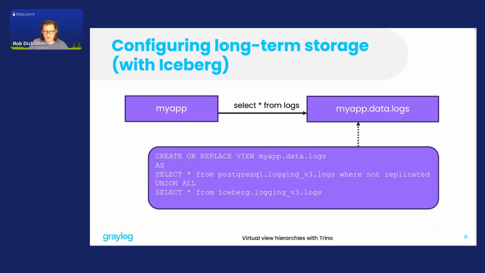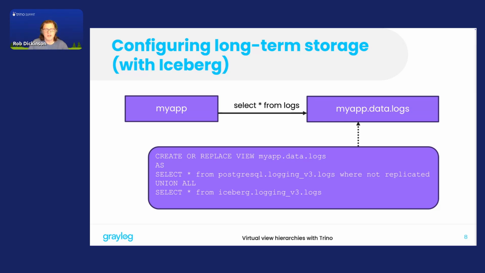So in this case, what we're going to do, and again, this is admittedly a simplification for a reasonably short talk, but what we're doing here is we're taking that same logs view, and now we're redefining it as a union between the short-term data that we have in Postgres and the long-term data that we have in Iceberg. Again, a little bit of simplification here, but you get the idea.